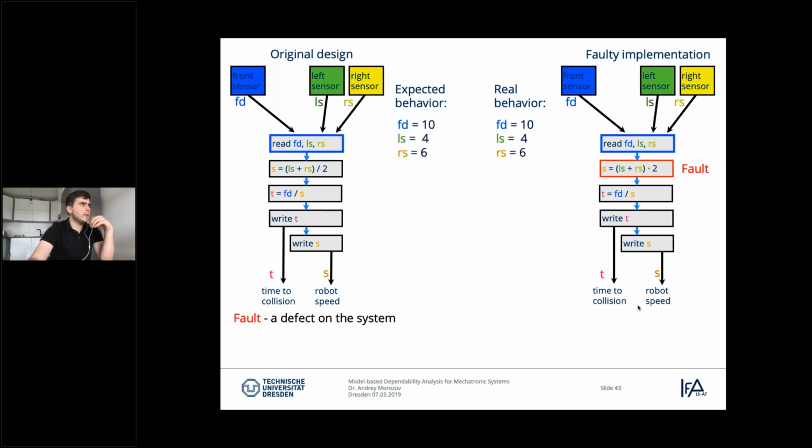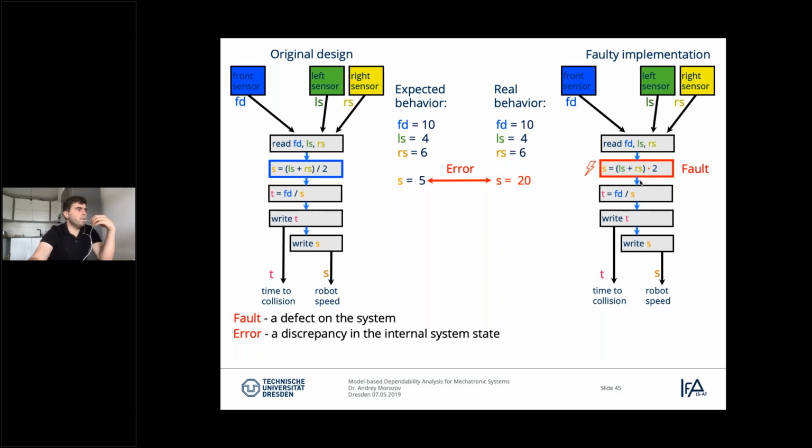As soon as we start the system, it operates, it reads the front sensor, left sensor, right sensor, and for example, it is 10, 4, and 6, and everything is fine up to now. But as soon as we execute this part, we store a variable equal to 20 instead of variable s. The value of variable s is now 20 instead of 5 because of this fault. And this we call fault activation. The fault was activated.